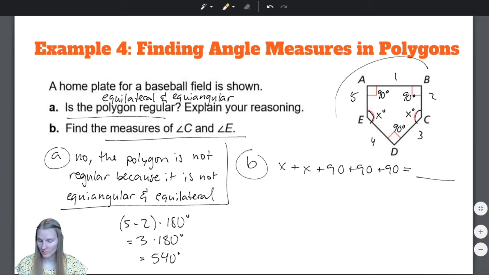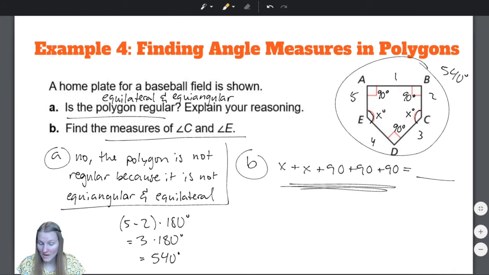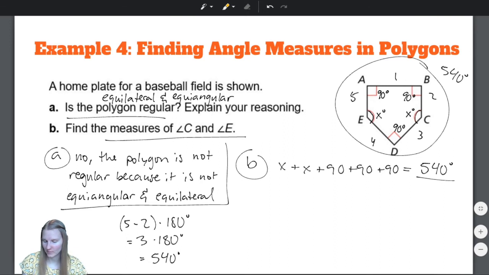So this shape has 540 degrees inside of it. So when I add all of the angles together, I take x plus x plus 90 plus 90 plus 90. I should get 540 degrees, because this is a 5-sided shape and I used my polygon interior angles theorem.